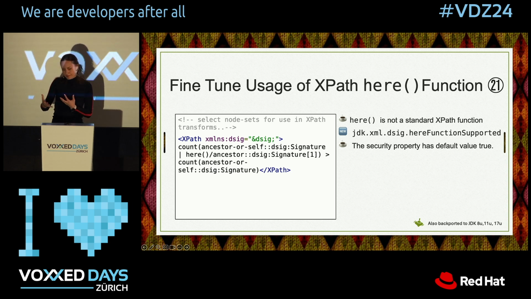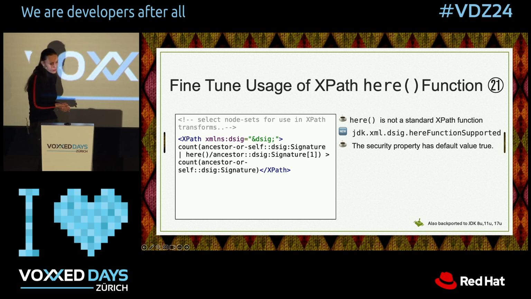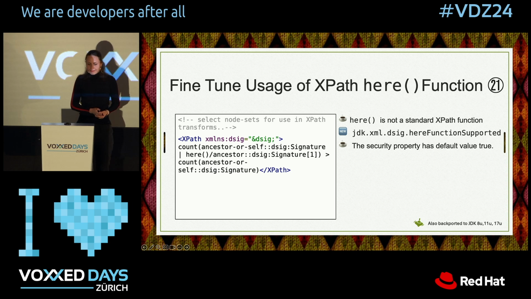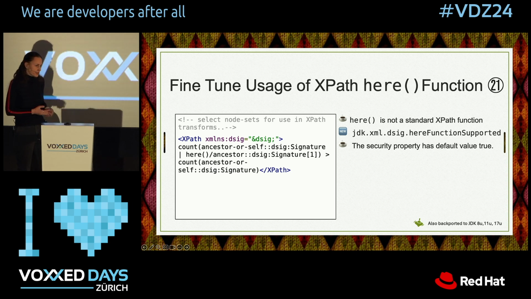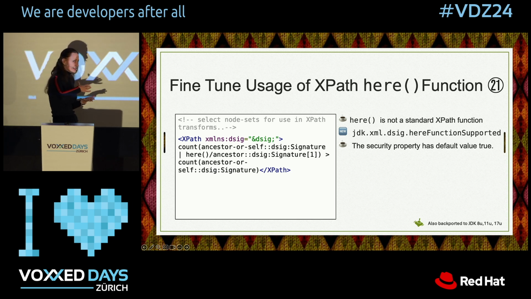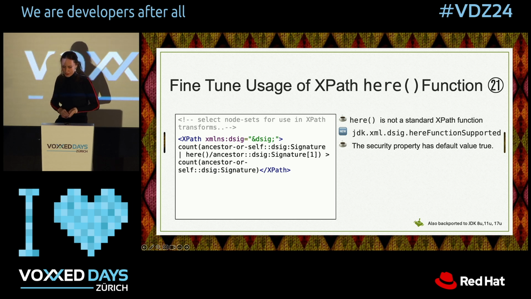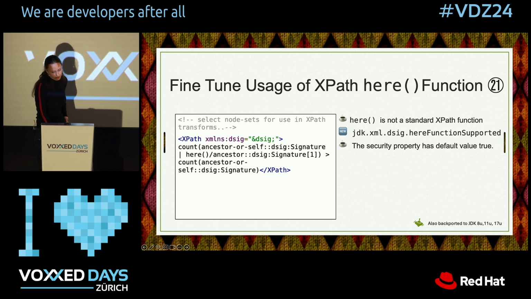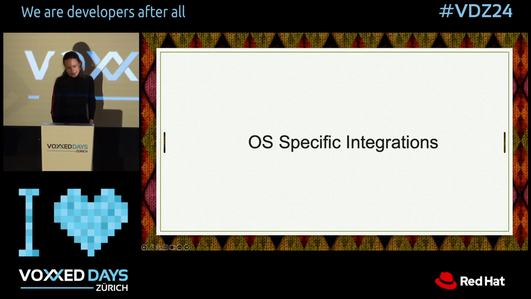So in order to maintain compatibility with existing XML signatures, there's a new property called here function supported. And the default value is true to make sure that those XML signatures using here still work. In the long term, this function might be deprecated for removal, so pay attention to it.